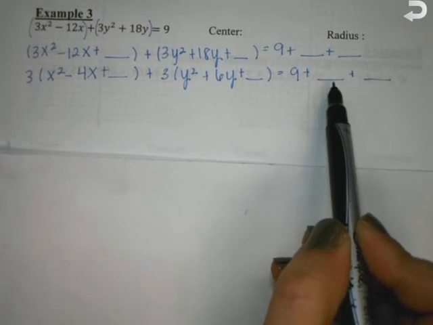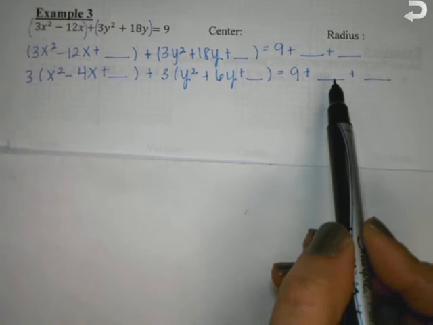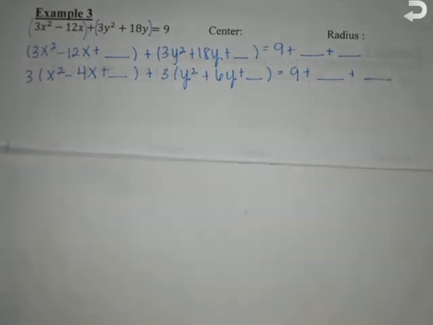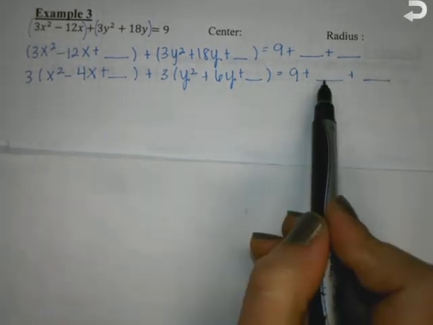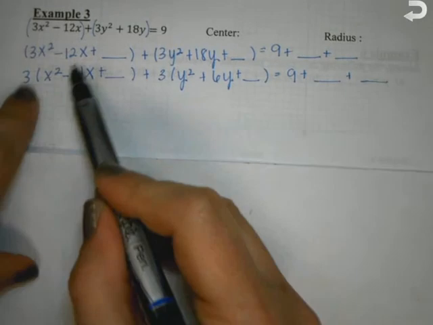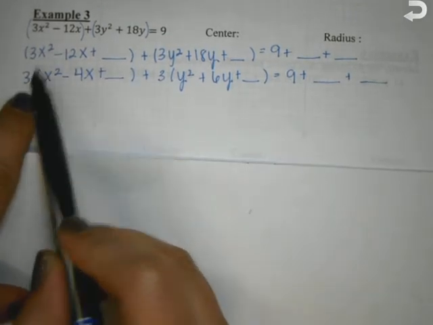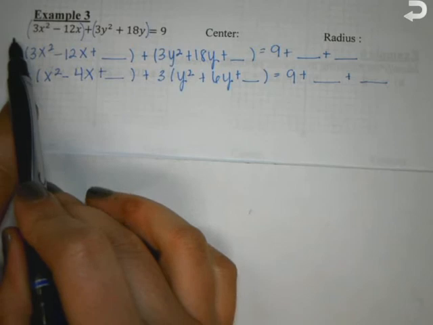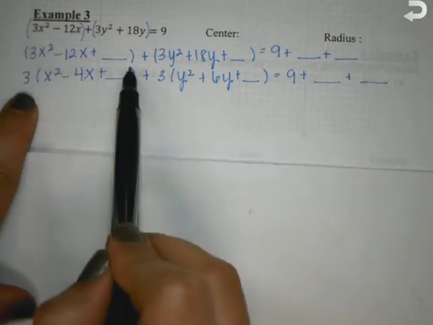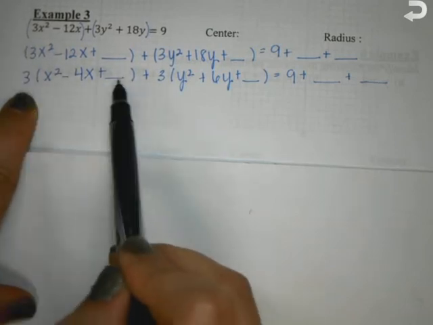No, you have to wait until the end, otherwise your answer is going to come out different. I have to multiply each of these blanks by 3 also, because all I did here was factor out a 3. In the original equation, it's factoring the 3 back in, so I would have to multiply this blank by 3 anyway. So when I put it on the right-hand side, I have to multiply it by 3.